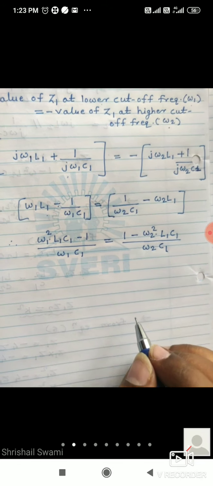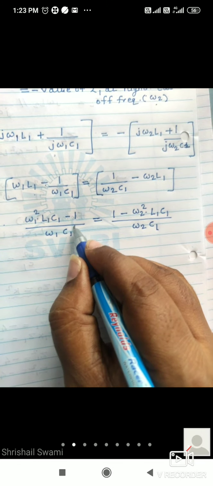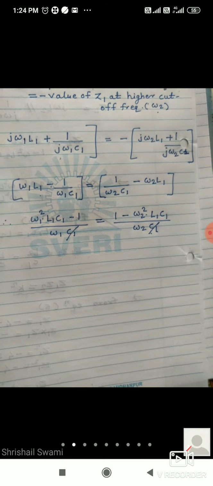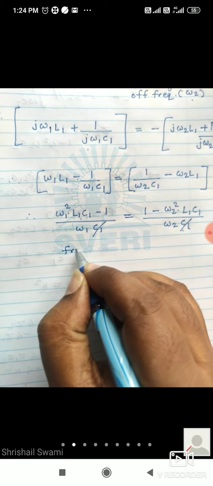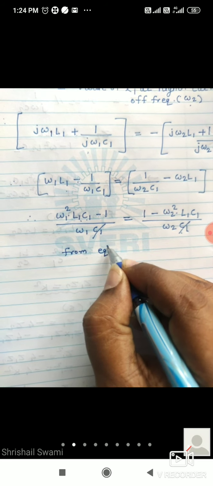So what is going to cancel? C1 and C1 will get cancelled here. Next omega 1 square here. So L1 C1 means what? L1 C1 from equation number 1.